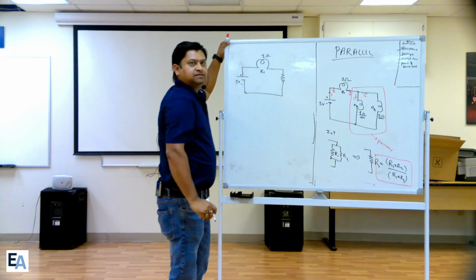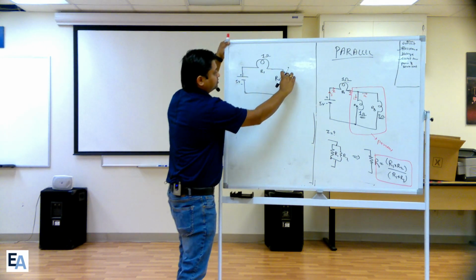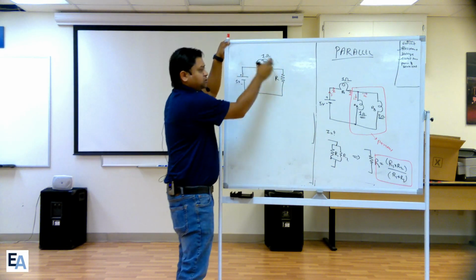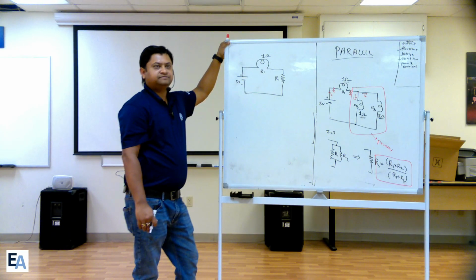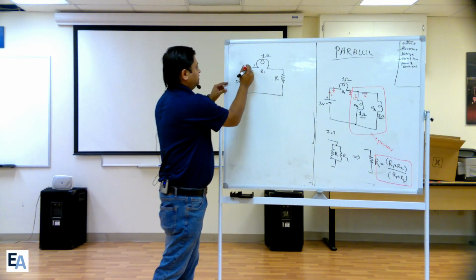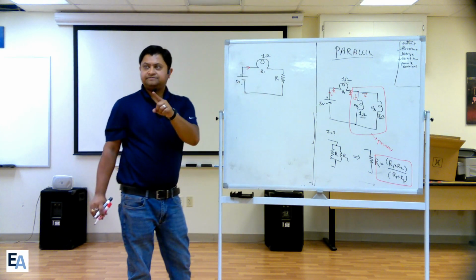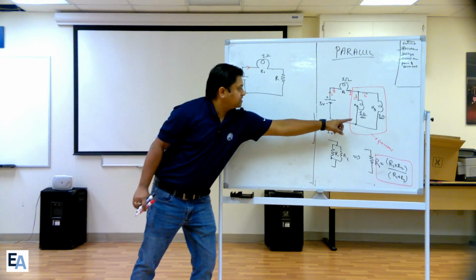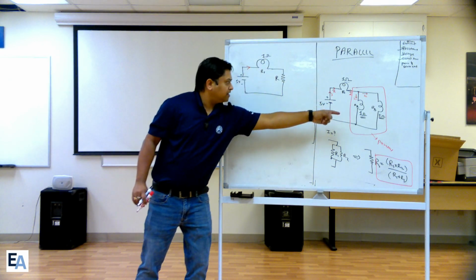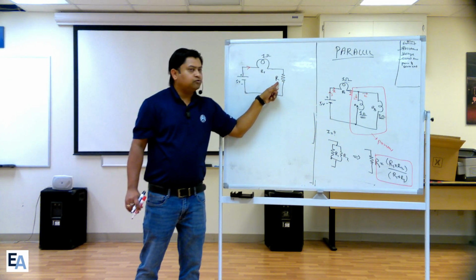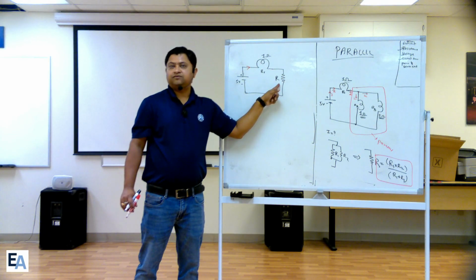If I do this and find the resistance of this, it is as good as a series circuit. It will be easier to find the current. So from there to here, I really need to see what my resistance value is going to be.